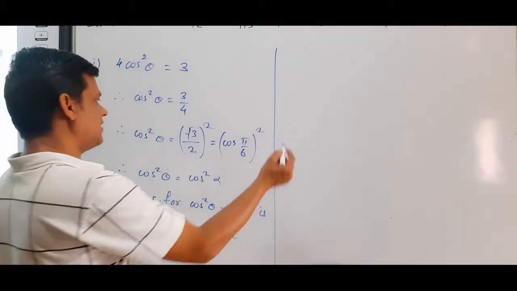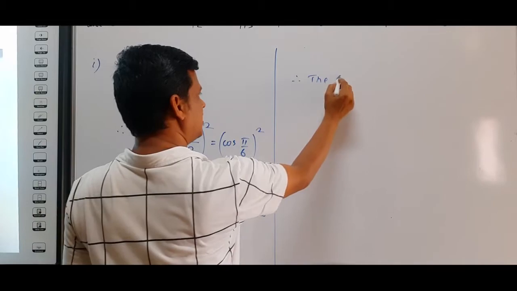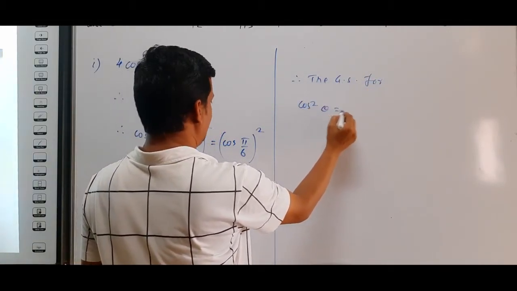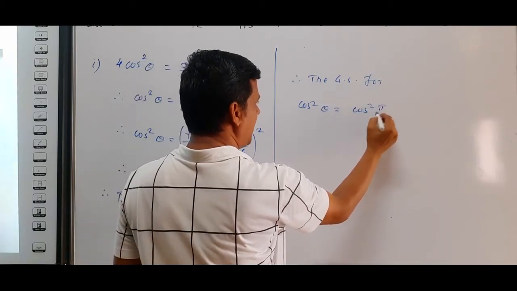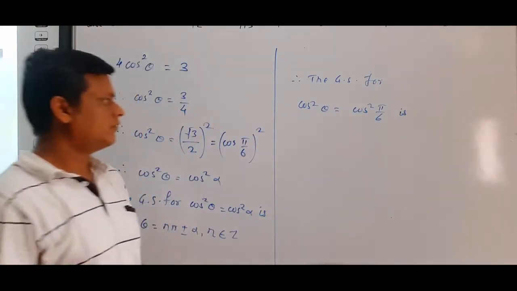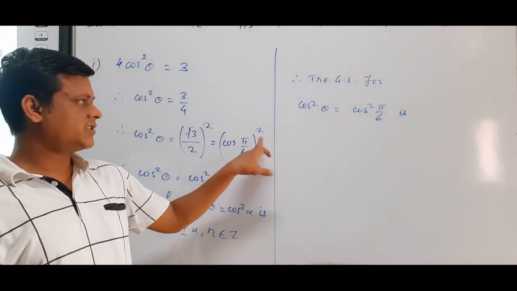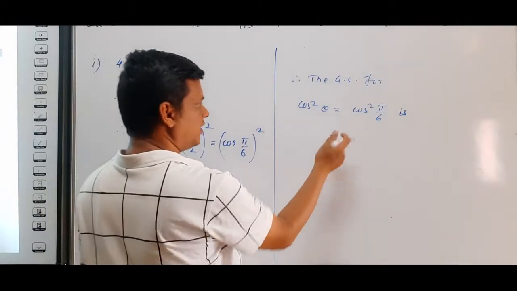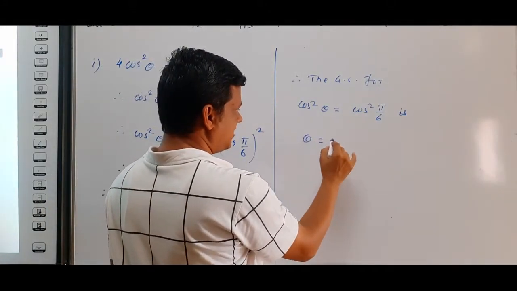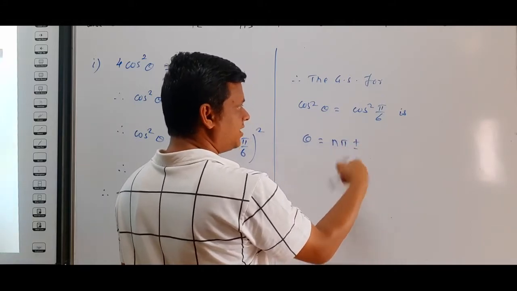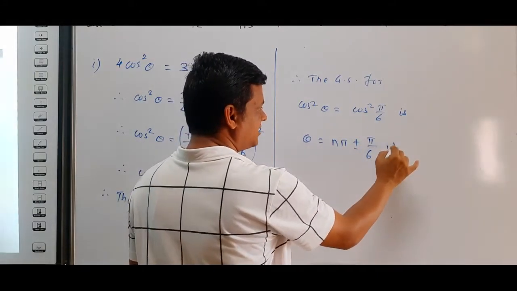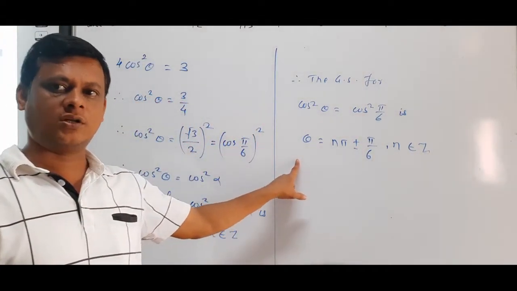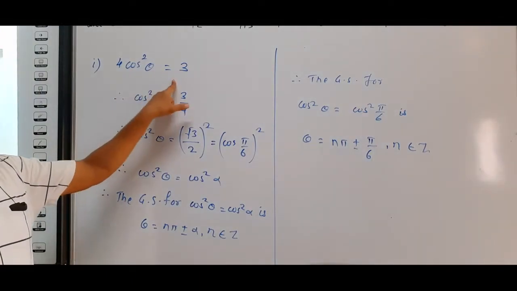Therefore, the general solution for cos square theta equal to cos square pi by 6 is theta equals n pi plus or minus pi by 6, n belongs to z. So this is the general solution for 4 cos square theta equals 3.